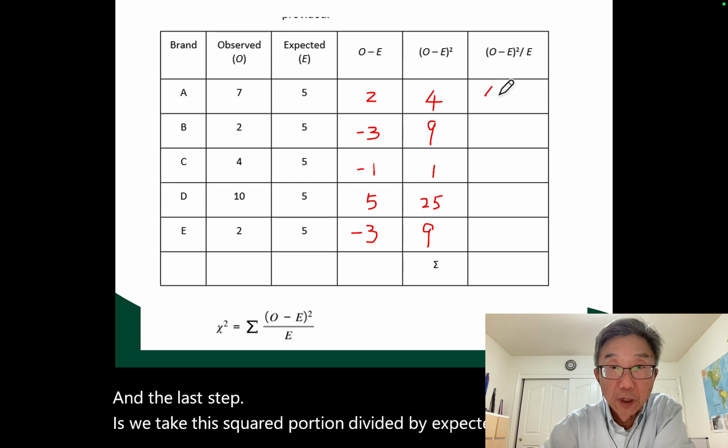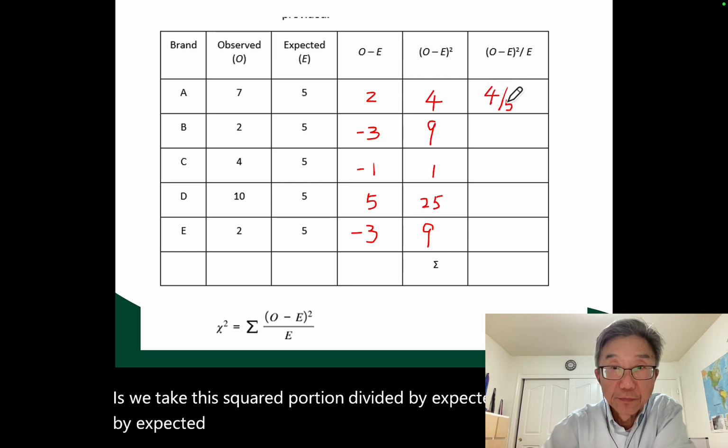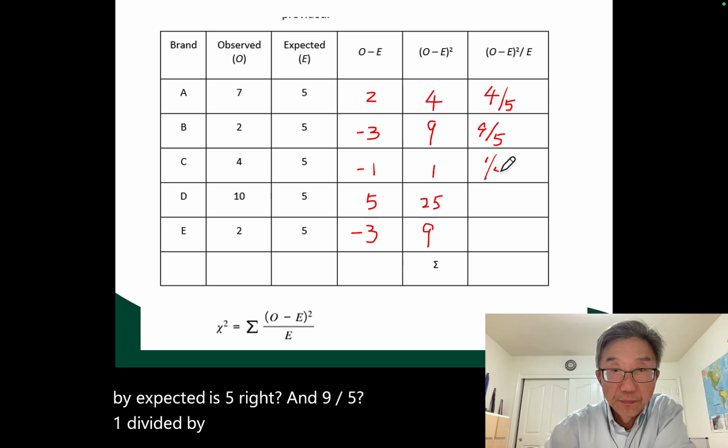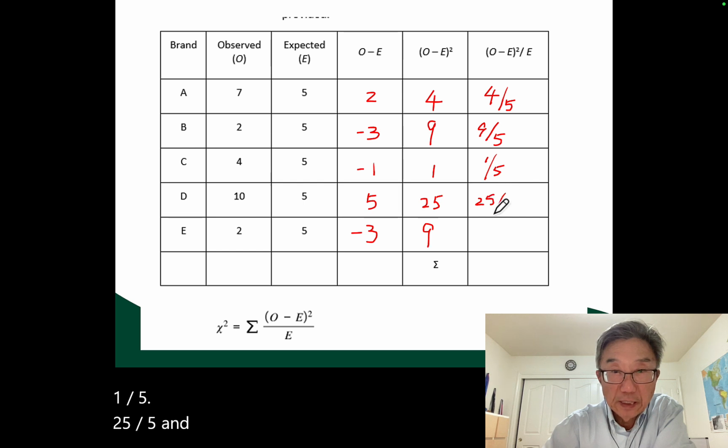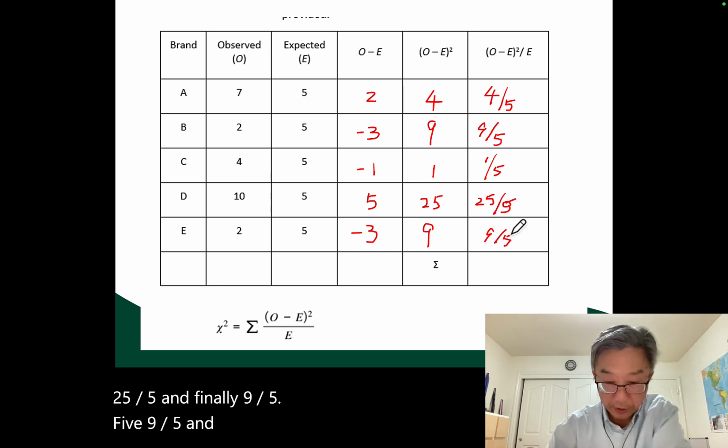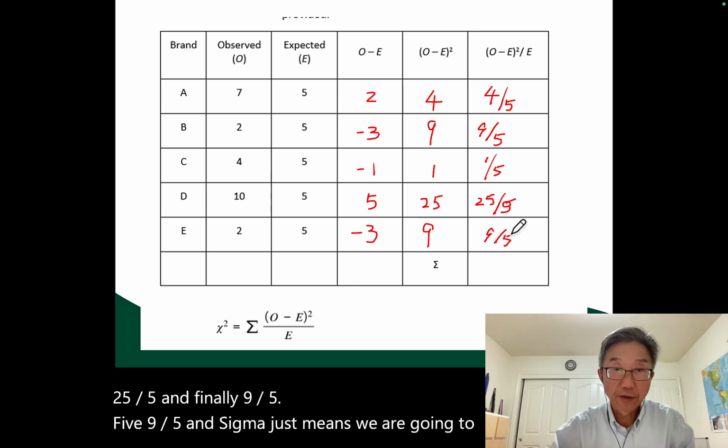So 9 divided by 5, 1 divided by 5, 25 divided by 5, and finally 9 divided by 5. Sigma just means we are going to add these together.